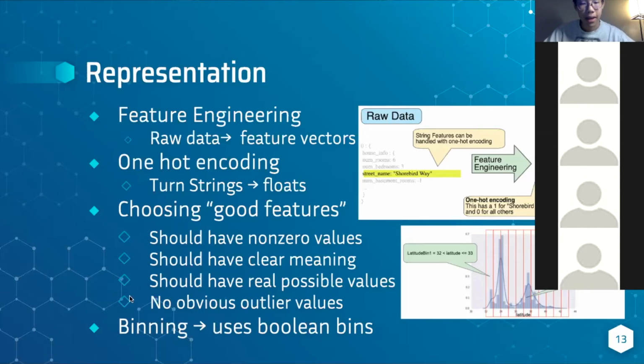Binning is also very important. When we want to group things together so it's easy for the computer to test, we use binning: we can use a graph to see where values are, and then group them together so that it's easier for the computer to calculate.